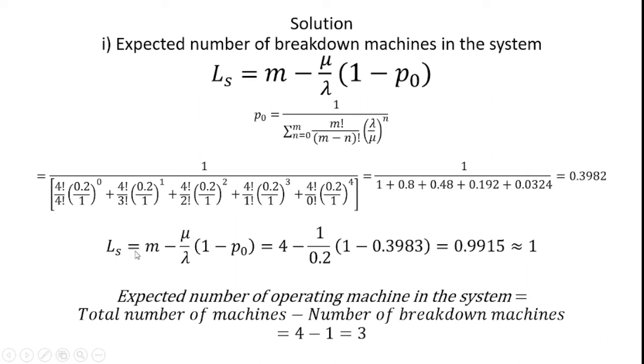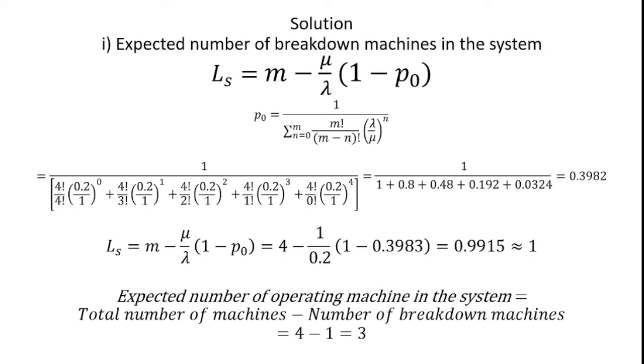The LS formula is equal to m minus (mu by lambda) into (1 minus P0). Here the m value, the total number of machines, is 4, minus mu, which we already know is 1, by lambda, which we already know is 0.2, into 1 minus P0. P0 was determined in the previous step, 0.3982. So 1 minus 0.3982 is equal to 0.9915 approximately, which I assume is equal to 1.